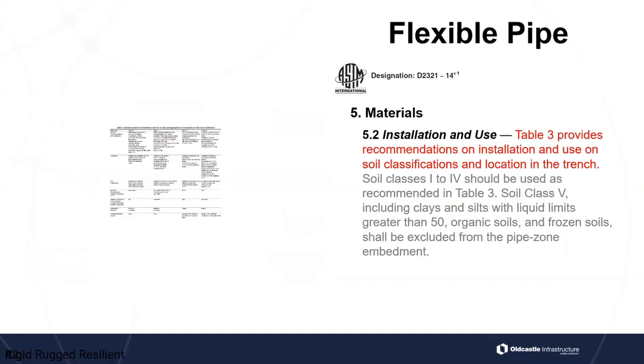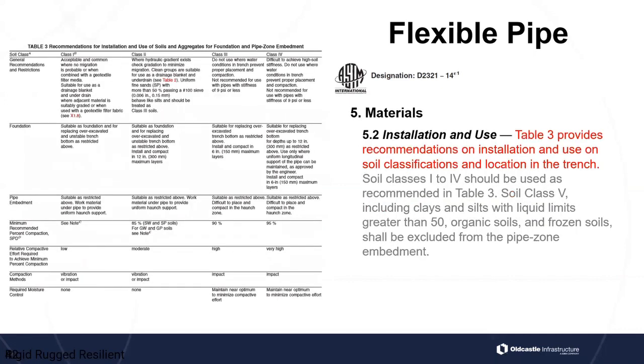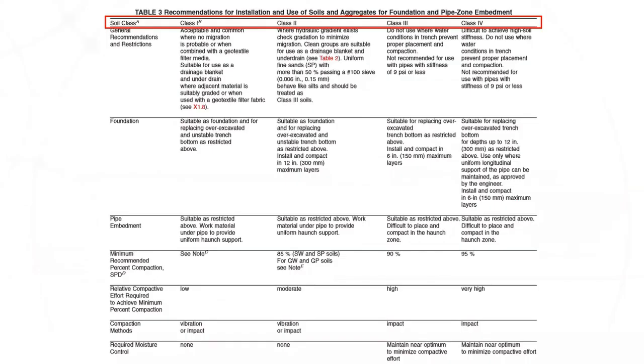If you move on to section 5.2, installation and use, it says table 3 provides recommendations on installation and use of soil classifications and the locations where they can be used in the trench. Soil classes 1 to 4 should be used as recommended in this table. Soil class 5 is not suitable, as we just mentioned. If we blow this table up a little bit, you've got your soil classes across the top: class 1, class 2, class 3, class 4.